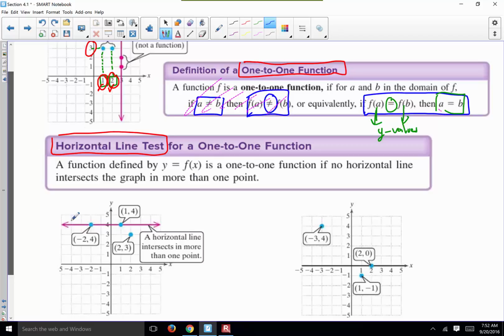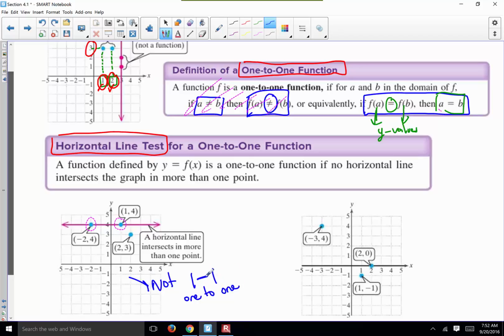Here we are using horizontal line tests, and whenever you catch two values lined up on the same horizontal straight line, then we call this function not one-to-one. This is my shortcut to say one-to-one. 1, 2, 1.